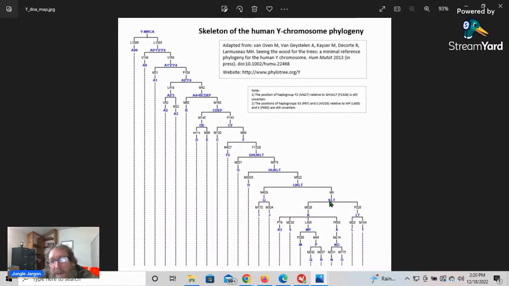Now, the reason why I think this is important is because these are real markers. These are actual real markers, very important.